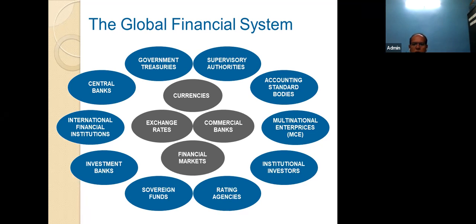For example, our Indian company Infosys, which is in the IT domain, has branches in America, maybe in Germany and so on. Similarly, foreign companies like Google have their branches in India, maybe in China and so on. So these are the multinational enterprises. They have their branches and offices across the globe.